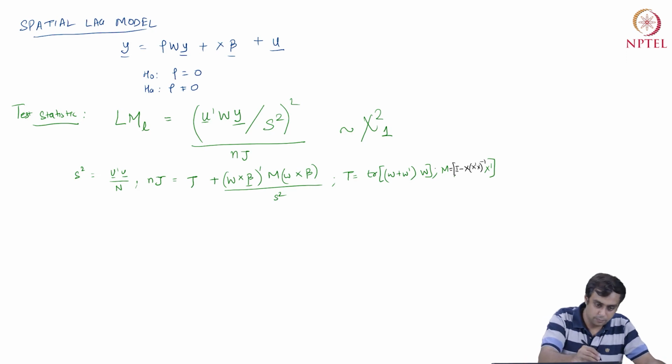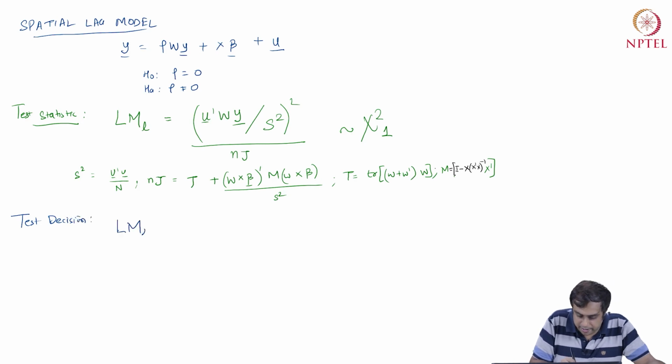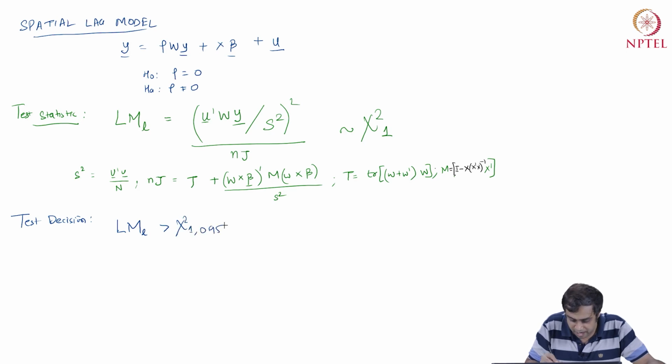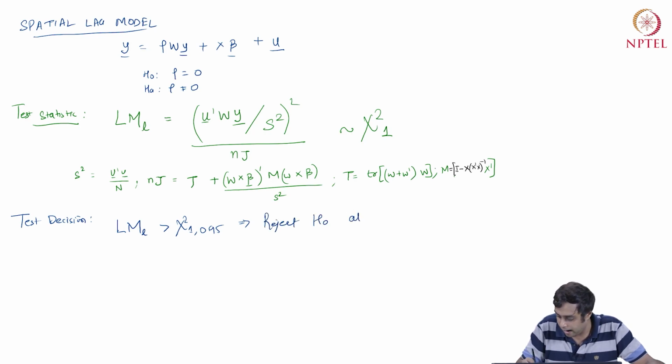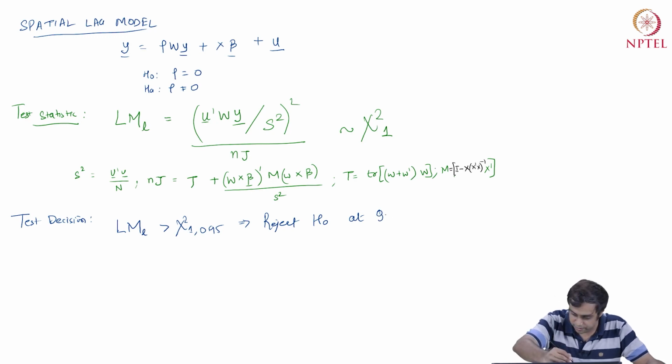Okay, and of course what we are interested in is the test decision. That is, if LML is greater than chi squared 1 at 0.95, this can be sourced from a chi squared table, then we will reject the null at 95% confidence.